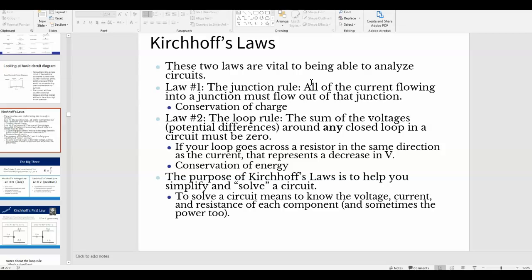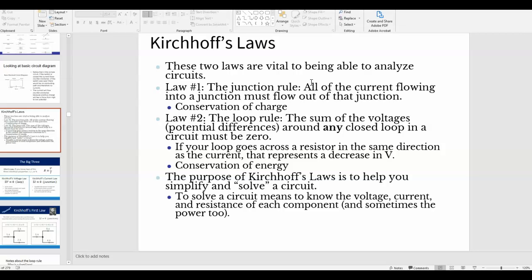According to Kirchhoff's first law, the junction law, all the current going into a junction must flow out of the junction. That is just because of conservation of charge, which we've talked about before. Let's say Kirchhoff's first law was not true.